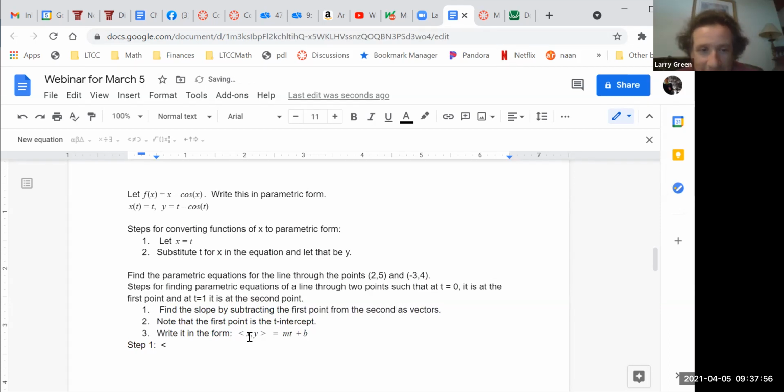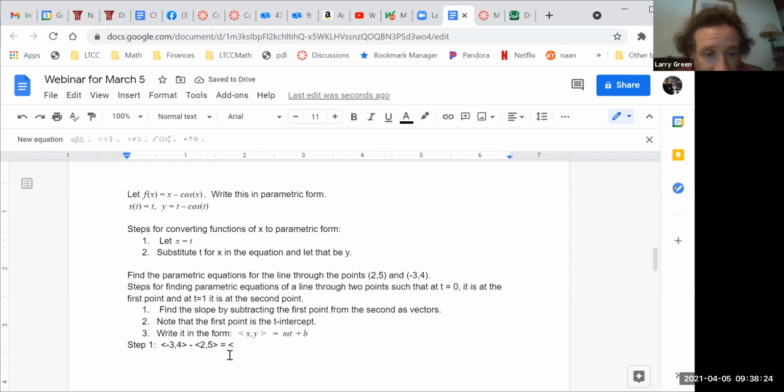Or the second minus the first is another way of saying the same thing. So we're going to go -3, 4 minus 2, 5. And again, if you haven't seen vectors before, then the way you subtract is component-wise.